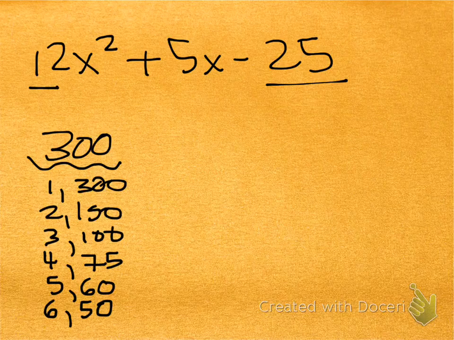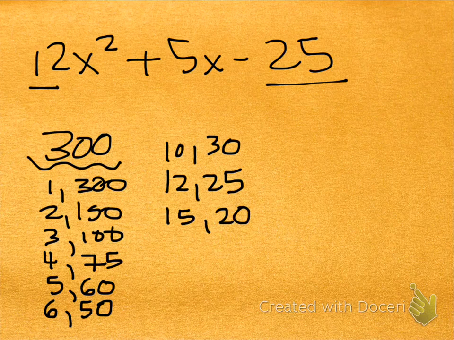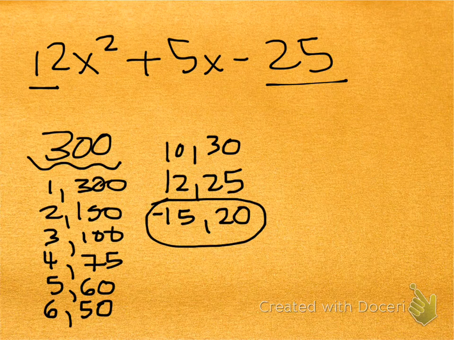Getting closer here, we have 10 and 30, 12 and 25, and 15 and 20, and it looks like we finally got a possibility here to get positive 5, so we would need to make 15 the negative one, and then we need to group these so that we can have the greatest common factors of each taken out.